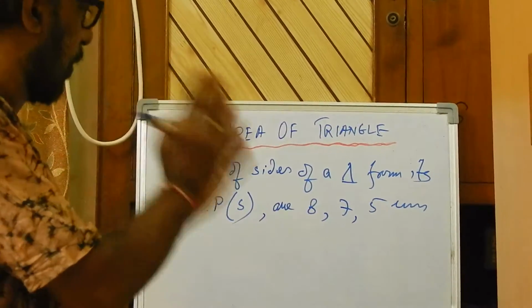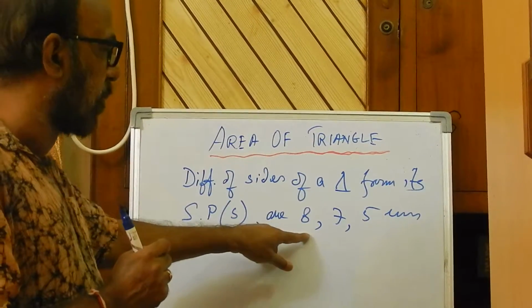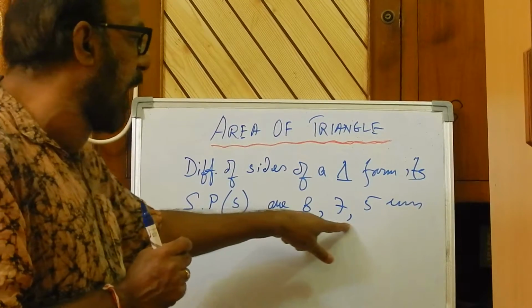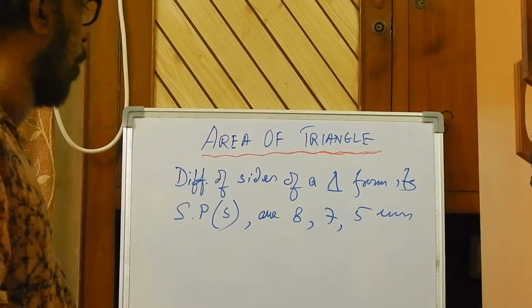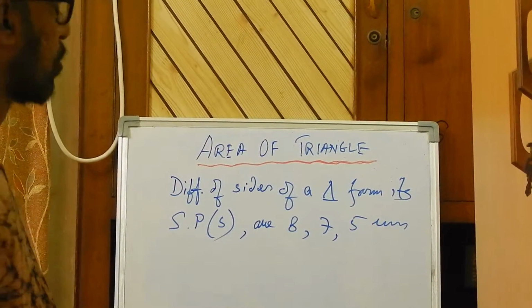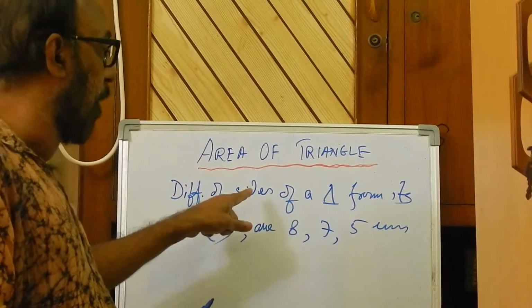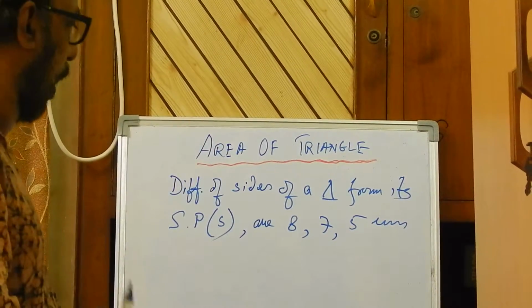What we have to find out is the area of the triangle. That means we are required to find the sides of the triangle.